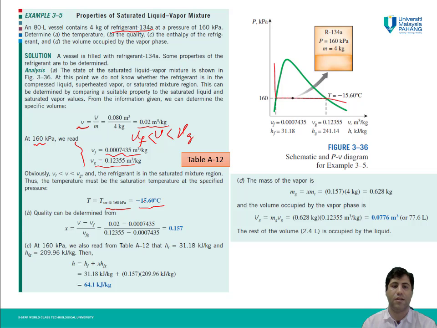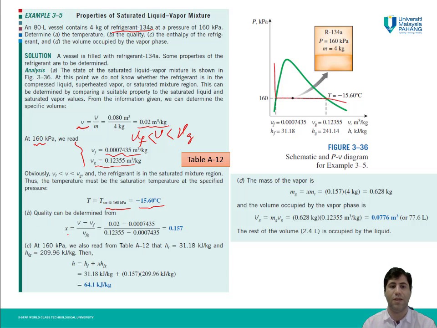Again, like before, the temperature of the mixture should be the saturation temperature, because we have an equilibrium mixture in which both liquid and vapor are in equilibrium and coexist.